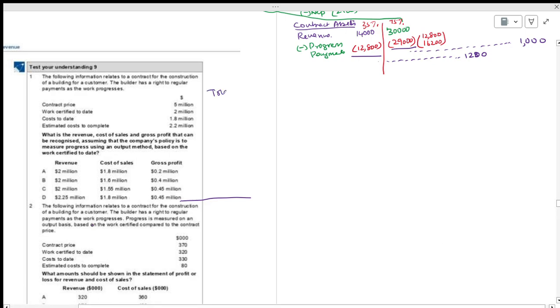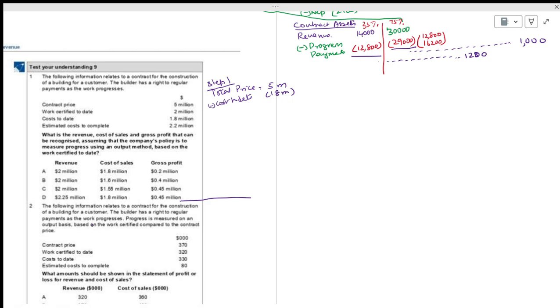Step 1: don't do anything, just do it. Contract price is 5 million. Cost to date is 1.8 million.